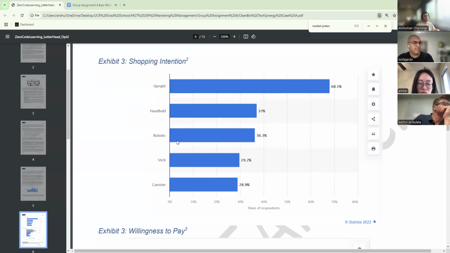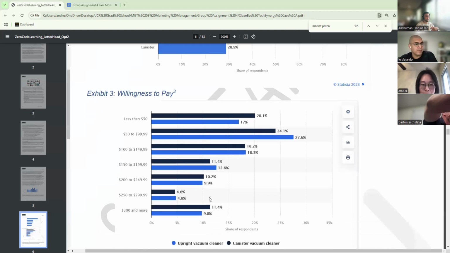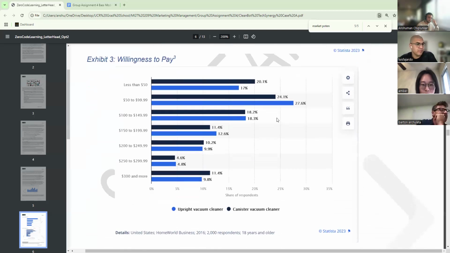So if there's a distribution of appetites for our product, only about a third of people will actually be interested in buying it. And if you go down even further, people who in general are willing to spend 300 or more, it's in total around 20%.